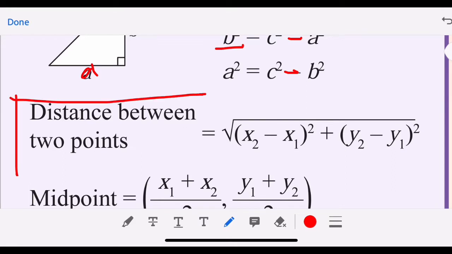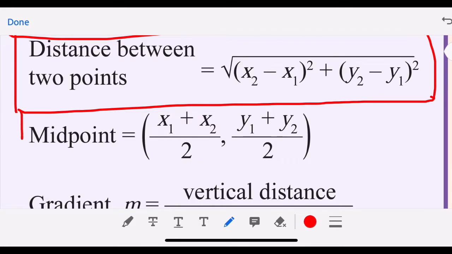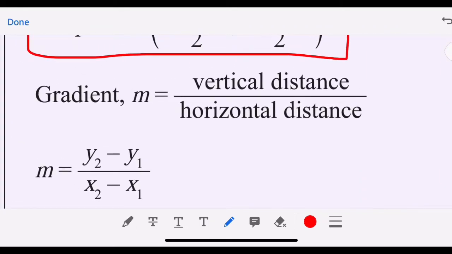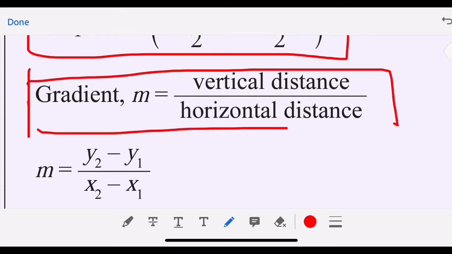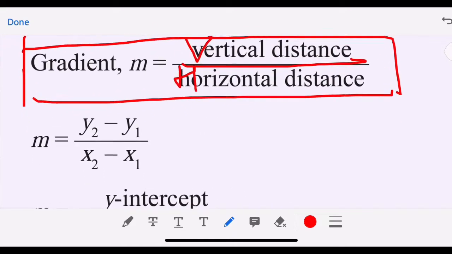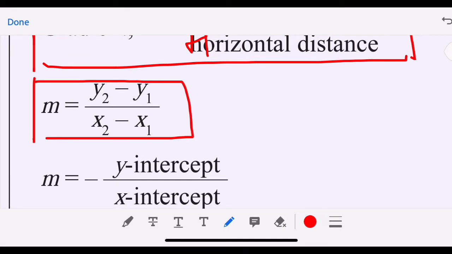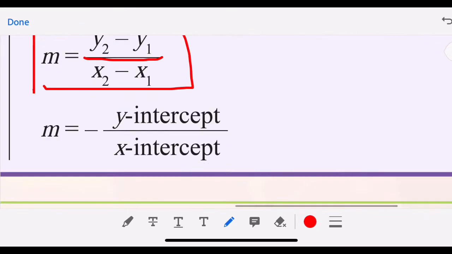And this formula is important, how to find the distance between 2 points. Right, midpoint also you must know how to find the midpoint. And the concept of gradient is always vertical distance over horizontal distance. That's why we have y2 minus y1 over x2 minus x1 for gradient.